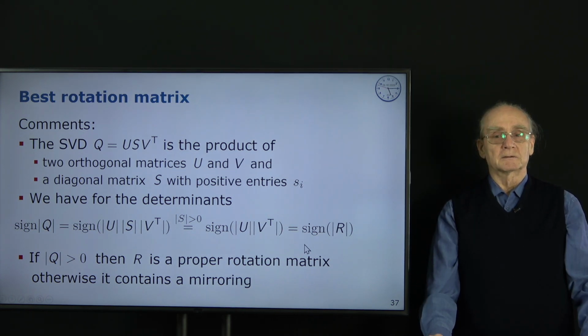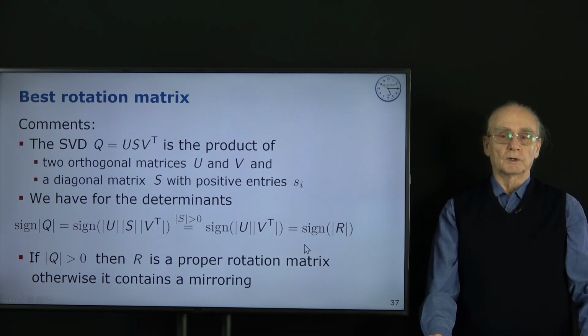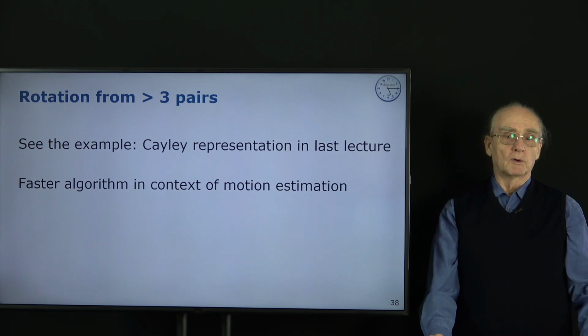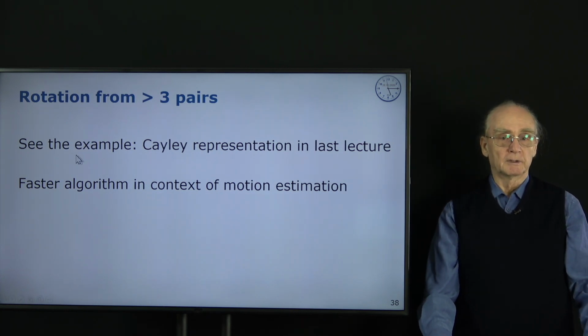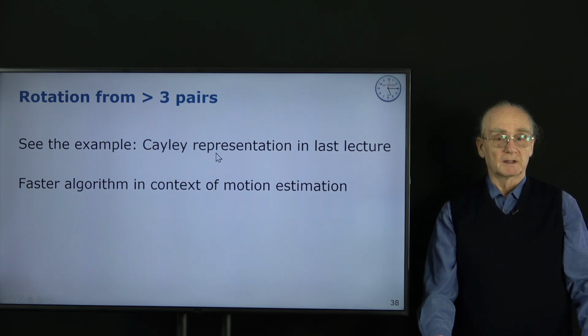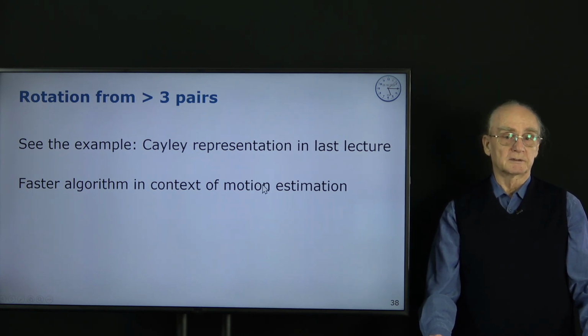These were rotations from 1, 2, or 3 pairs of points. And if we have more than 3 pairs, we already saw an example using the Cayley representation in the last lecture. We will see there is a faster algorithm in the context of motion estimation. We will see this in a later lecture.